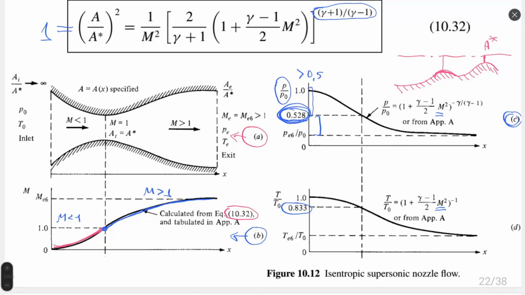Significantly means several times with respect to the initial stagnation pressure. So these values are different according to acceleration. The more acceleration we have, the bigger Mach number corresponds to smaller pressure and smaller temperature inside the nozzle.